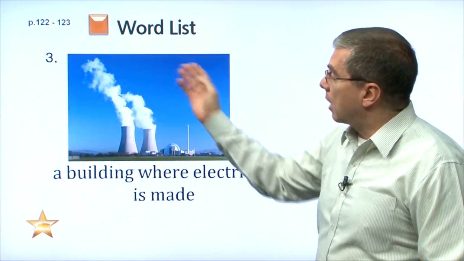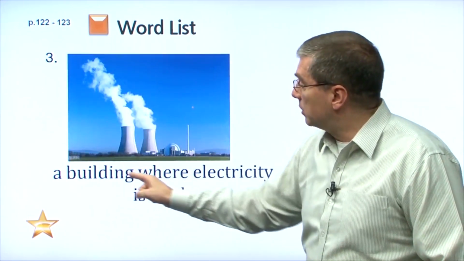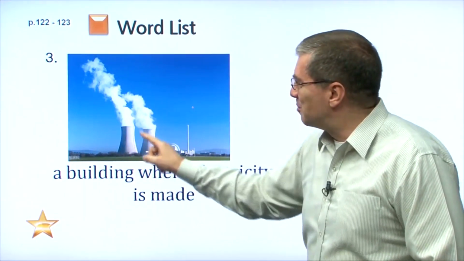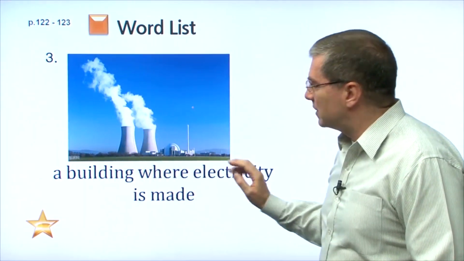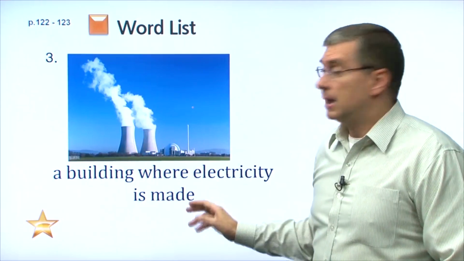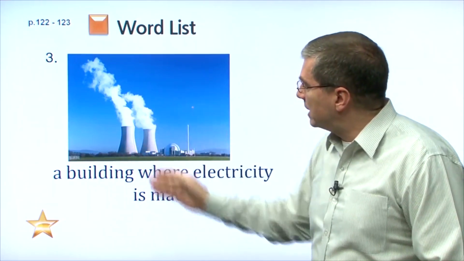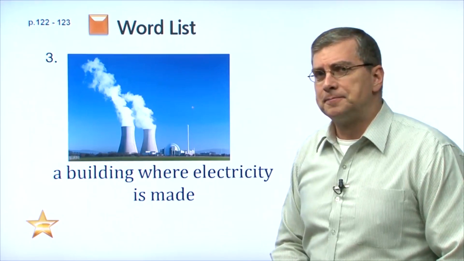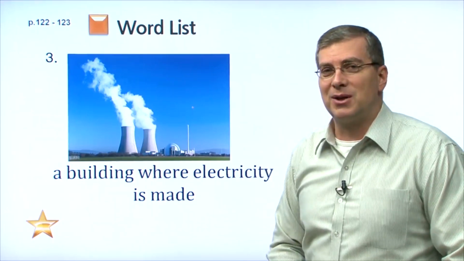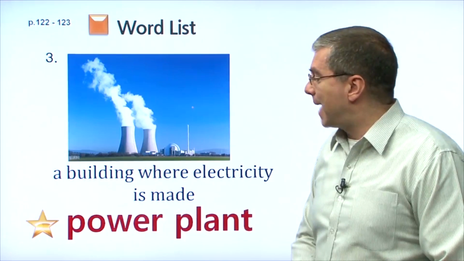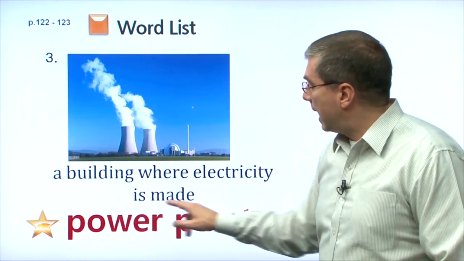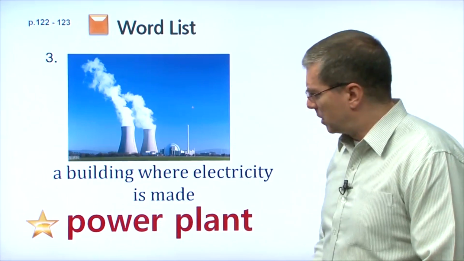Our third word, our clue, is a building. Well, this is a strange looking building, right? But it's a building where electricity is made. What kind of building can that be? Remember the word that we learned the first time? It was power, right? So we put these two words together, power, and we have plant.